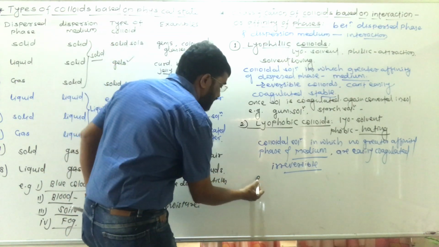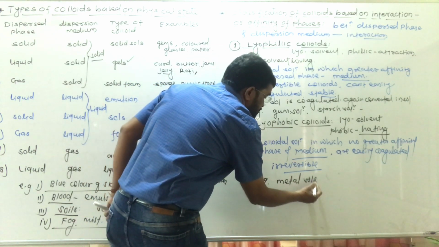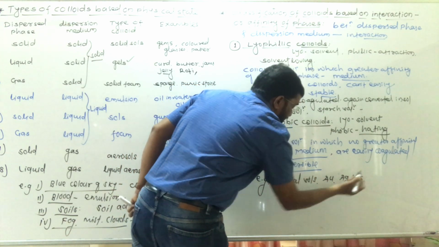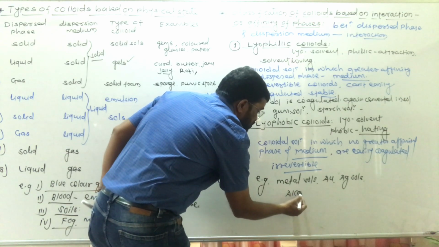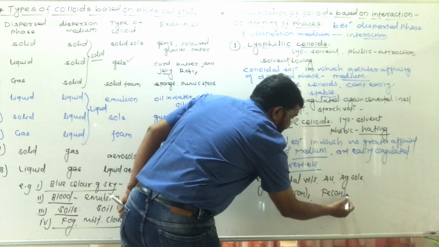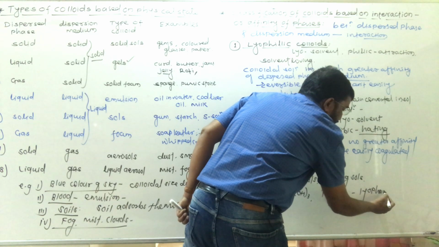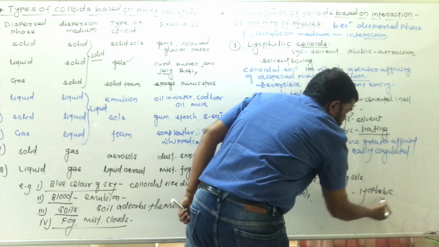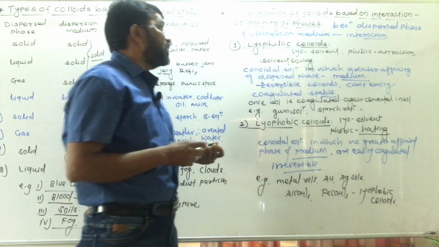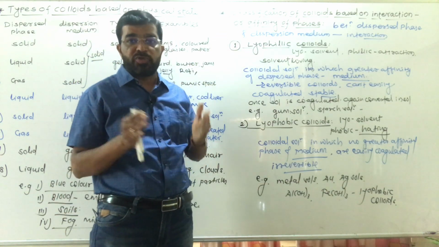For example, you see, the metal sols like the gold sol and silver sol are lyophobic sols, as well as the sols of aluminum hydroxide and ferric hydroxide are lyophobic colloids. So this is nothing but the classification of colloidal solutions based on the interaction or affinity between the dispersed phase and dispersion medium.